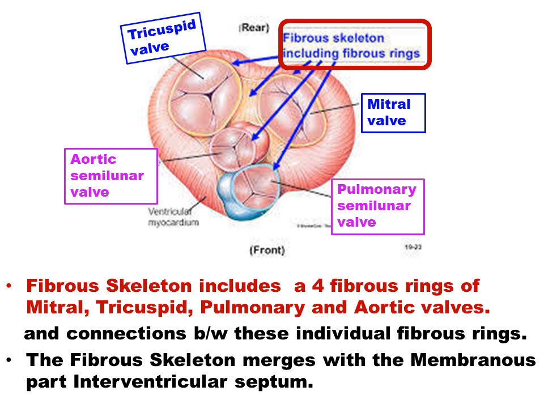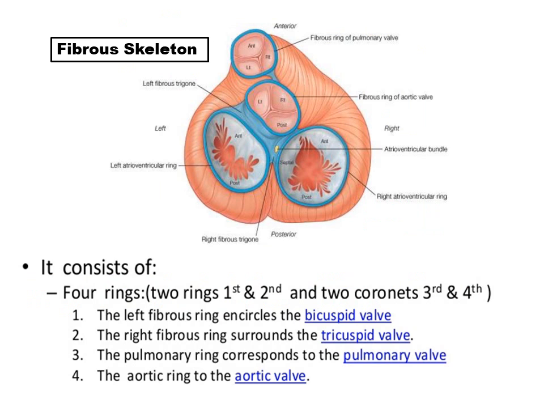The fibrous skeleton merges with the membranous part of the septum. The fibrous skeleton consists of four rings, that is, two rings 1 and 2 and two trigones 3rd and 4th.